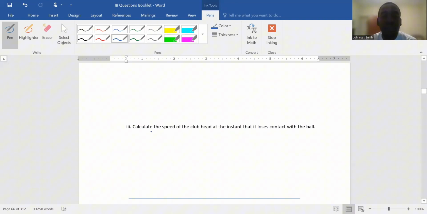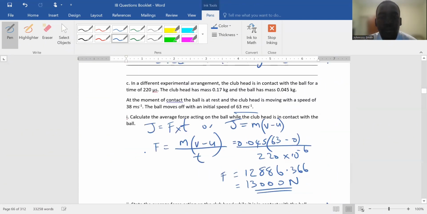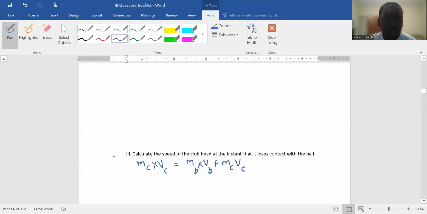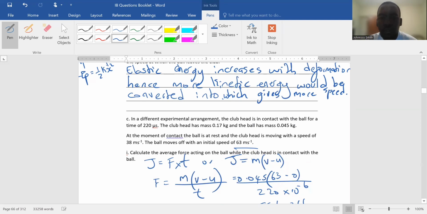So this is where we're going to use another principle, which is the conservation of momentum, which tells us that the mass of the club head times its velocity is equal to the mass of the ball times its velocity plus the mass of the club head times its velocity after. Right? So before, the club had a mass of 0.17. Its velocity was 38.